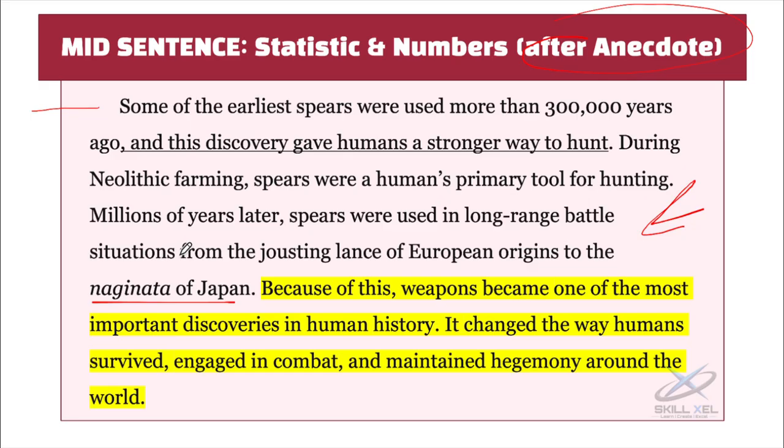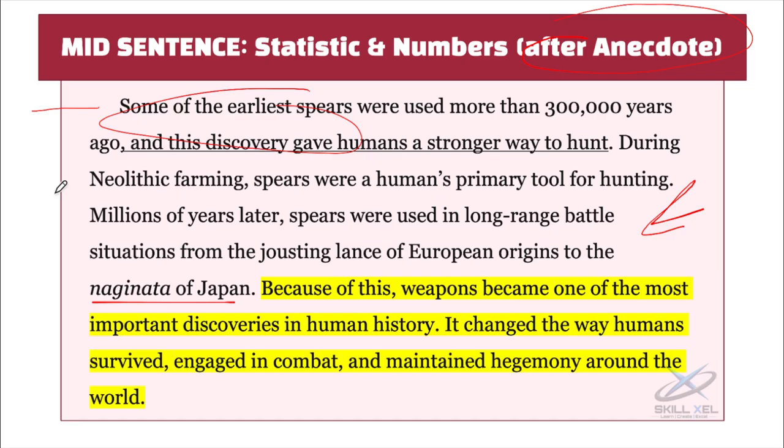You could say something like, an archaeologist examined in a museum in Cairo examines a rare spear that was found broken, or spearhead broken from a long spear, something like that, right? And as you progress through the sentences, you kind of tell that story. And after that, you can say some of the earliest spears. So that's how it would work after an anecdote.